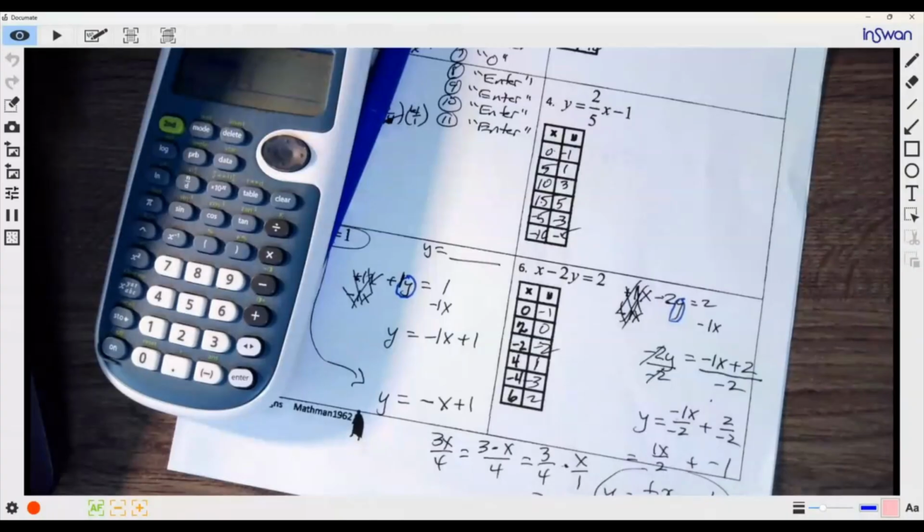So yes, we had to take the fraction and break it into two pieces, instead of what you're normally used to doing, taking the two pieces once we got the common denominator and putting them together. We're just going the other way and pulling them apart.